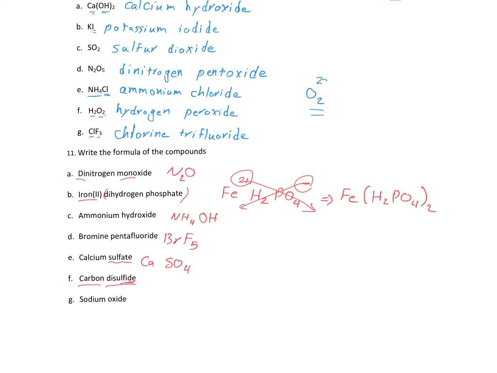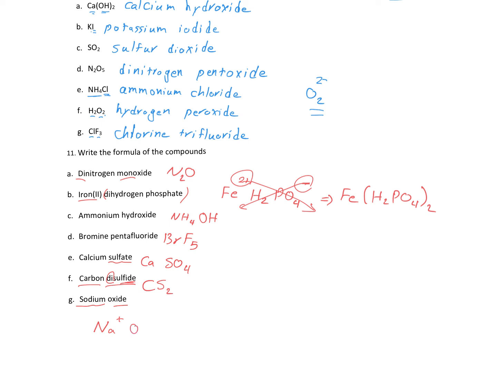Next one, carbon disulfide. Sulfide is S, okay, and it's molecular because we have this prefix, so it's carbon disulfide, okay, CS2. And the last one, sodium oxide. Sodium is a metal, and oxygen is a nonmetal, so it's ionic. So you have to write the ion with the charge.